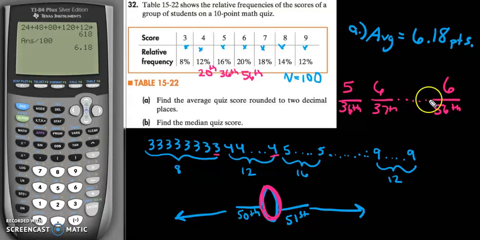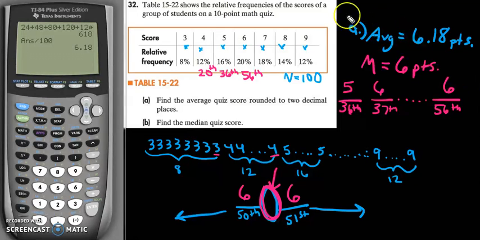Well, if the whole list from 37 to 56 is 6s, then this number's got to be a 6, and this number's got to be a 6. So our median, halfway in between there, looks like it is 6 points. And I guess that's technically part B, where they ask for the median.